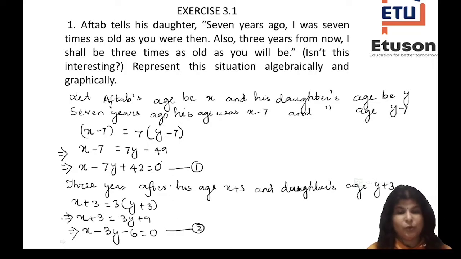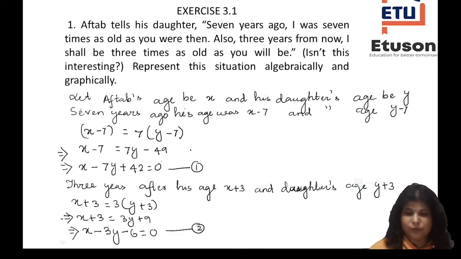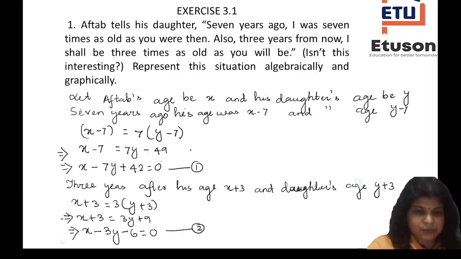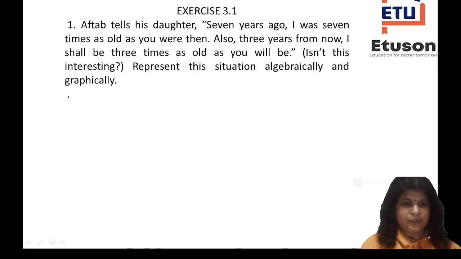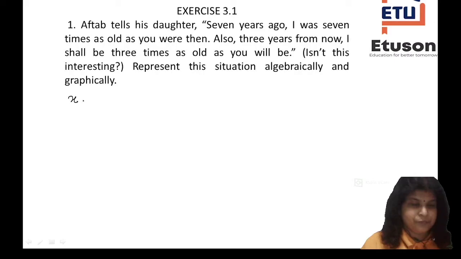Now you have to represent it in the form of a graph. So for that what do you need? You need the points, right? So I am just erasing it and I will write just the two equations which we have formed, that is x minus 7y plus 42 is equal to 0 and another was x minus 3y minus 6 is equal to 0. So now we have to get some points, right?